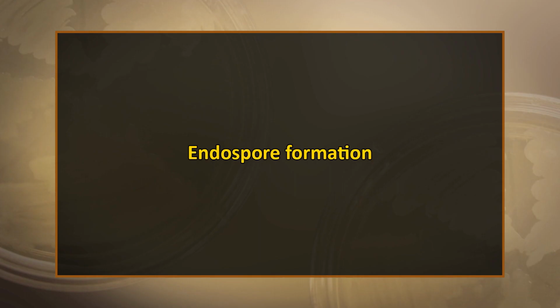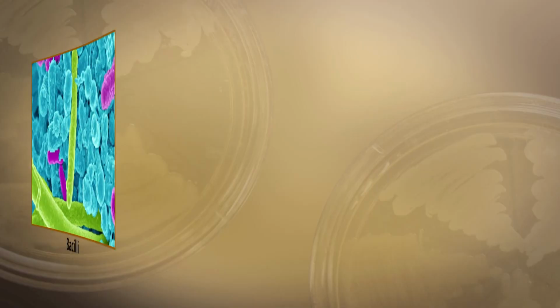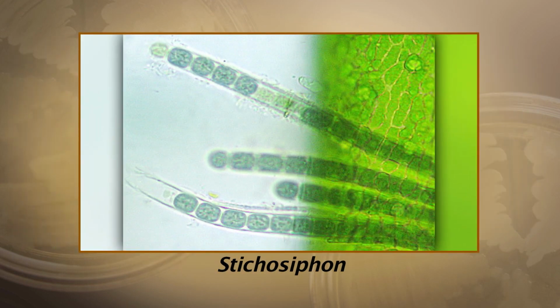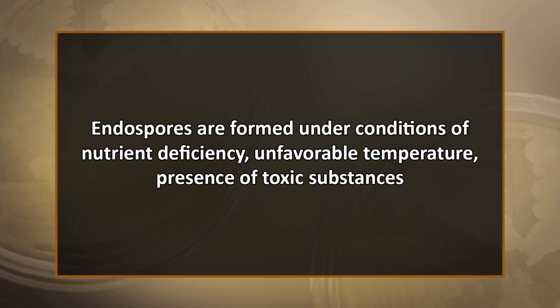Number 12, endospore formation. When the environmental conditions are adverse, some gram-positive bacteria, especially bacilli, and certain blue-green bacteria, for example Stichosiphon, produce thick-walled resistant spores called endospores.